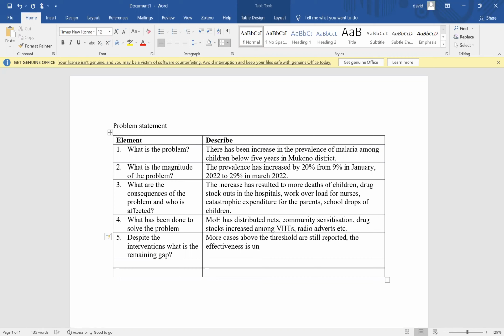Also say maybe the factors influencing the prevalence have not been studied.